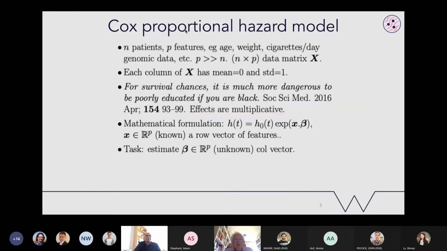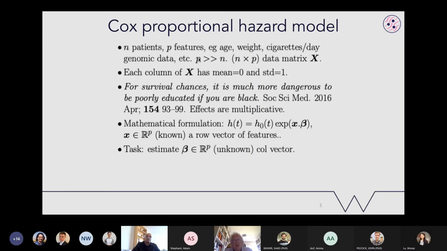So in the Cox proportional hazard model, we have N patients with P features. They could be things like age, weight, or cigarettes per day. Now the killer is genomic data, which can be huge, tens of thousands of different features, and that makes regression very difficult.